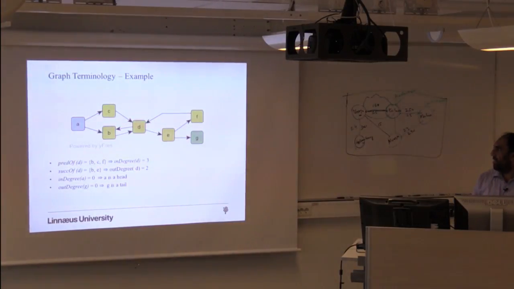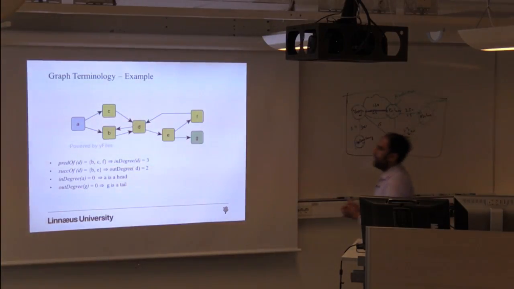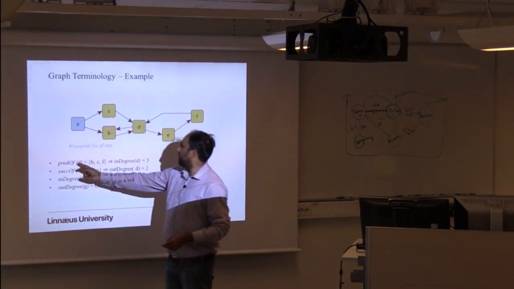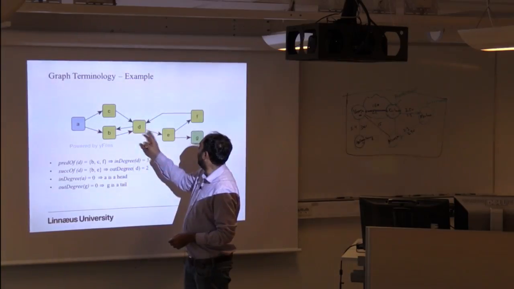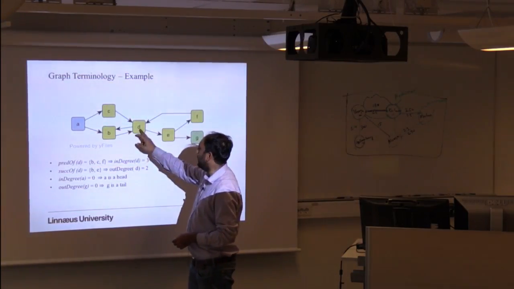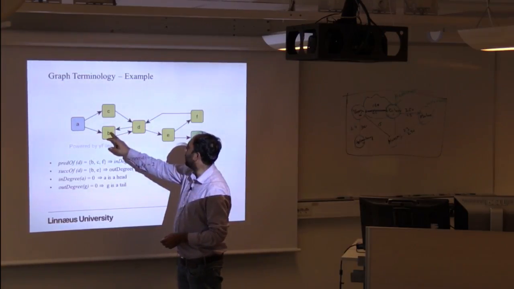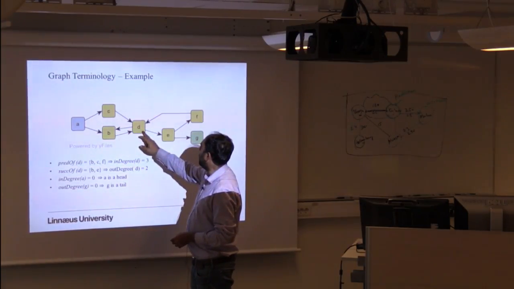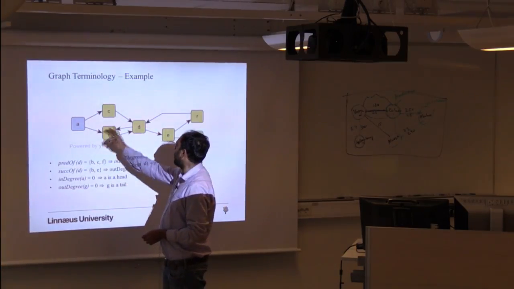And then you can also find out the predecessors and successors. For example, if we want to find the predecessors of D, from D we can go to B, no, these are the successors. The predecessors are from where we can come.